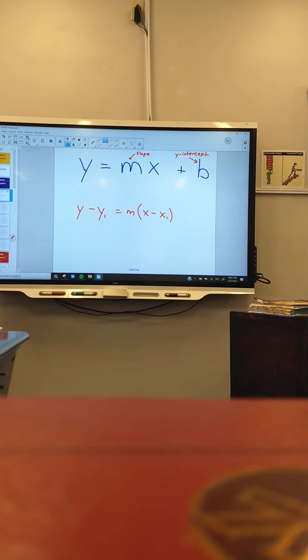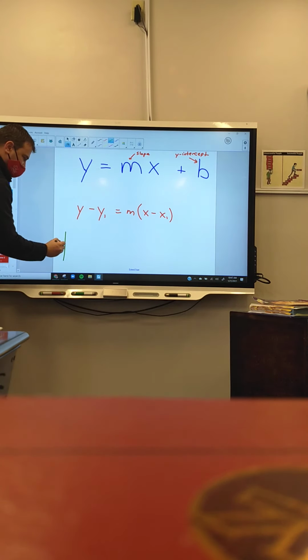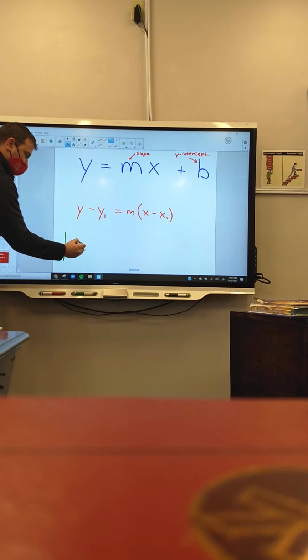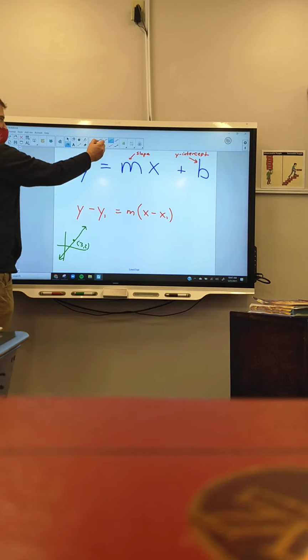So for example, if you've got a line here, and you say, well, I've got a point out here that's specifically at 3, 2, and I know the slope of my line is 2, you could write the equation of that line.